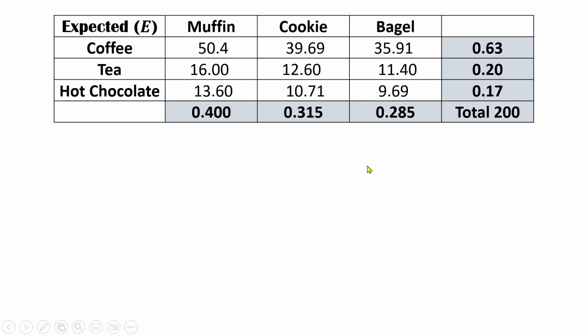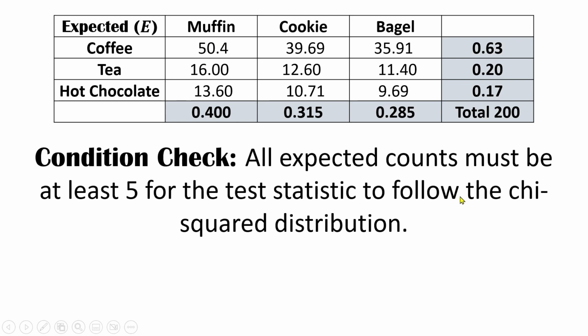This is what you would get if you just go in and do all those calculations. So these are our expected values. By the way, we remember the conditions. The third condition that needs to be satisfied in order to do a chi-squared test of any kind is that the expected value within each cell, all those expectations, must be at least 5. And here we can see that condition is satisfied. So we're good to go.